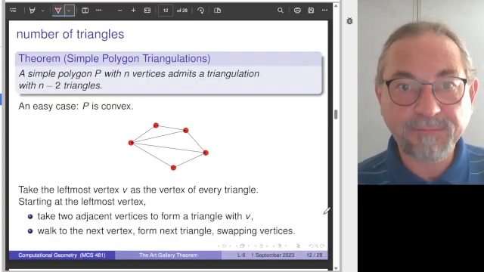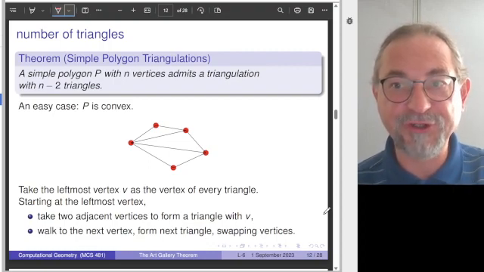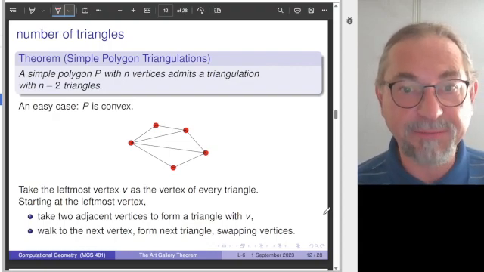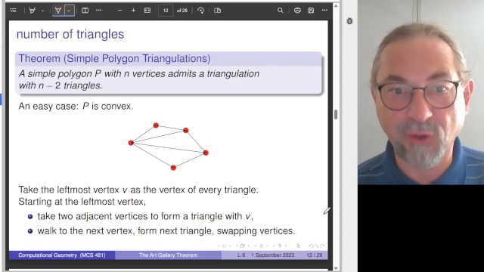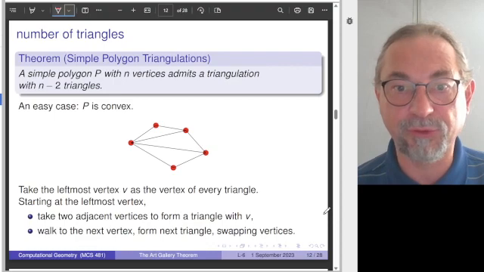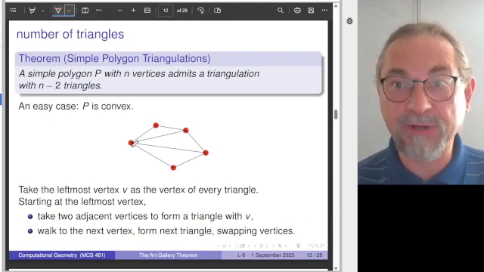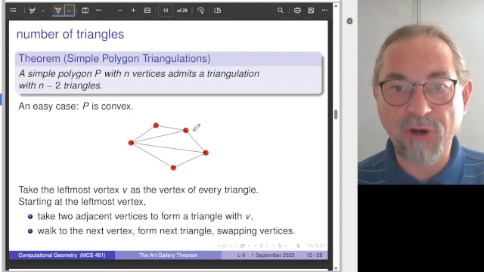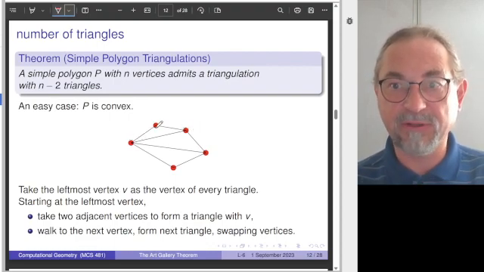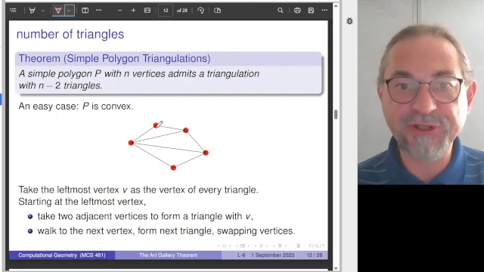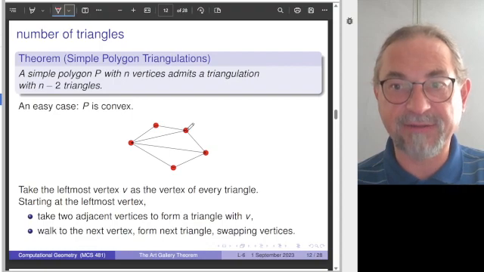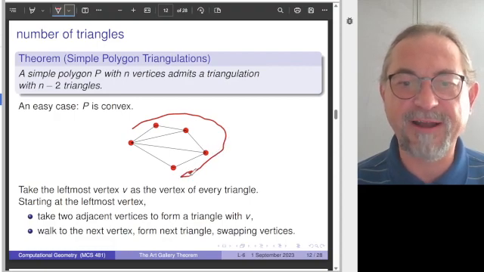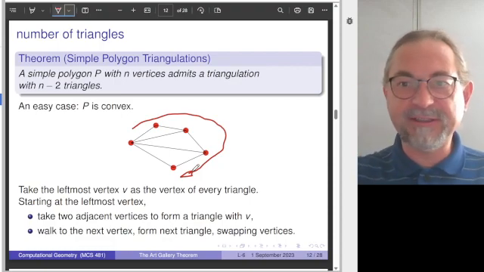All right, the number of edges and the number of vertices are the same in a convex polygon. In a convex polygon, the number of triangles is also very straightforward to determine. So here you see the algorithm to make a triangulation. You pick any vertex, and then you go to the nearest adjacent vertex. You have 2 vertices, and then the vertex that is adjacent to that. Notice that when we talked about convex hulls, we were having the edges seen as vectors.